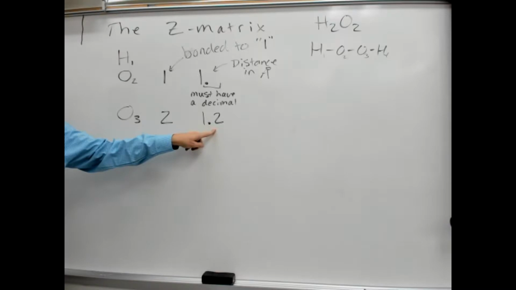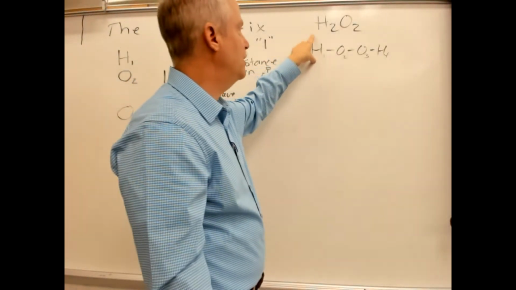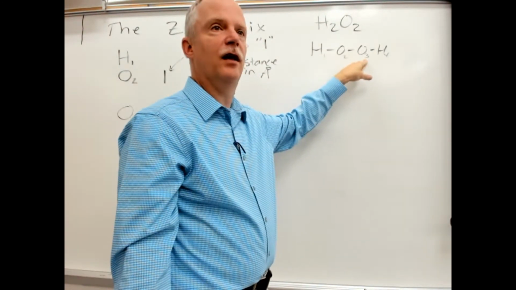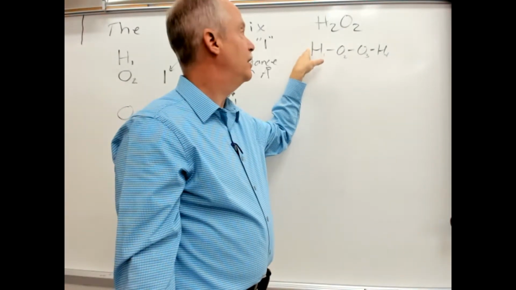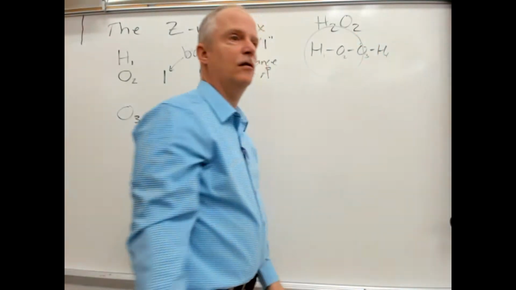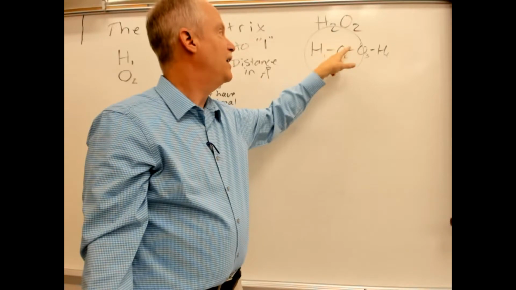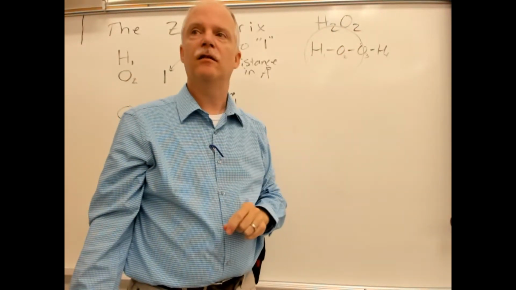Pretty easy, yes? But that's not enough to specify where that oxygen is in space. Because if you think about it, this is at the origin, this is 1 angstrom away, this is 1.2 angstroms away, but 1.2 angstroms could be over here. It could be anywhere in this circle. And so we've got to specify the angle with respect to atom 1 so that we can pin it to a particular position.